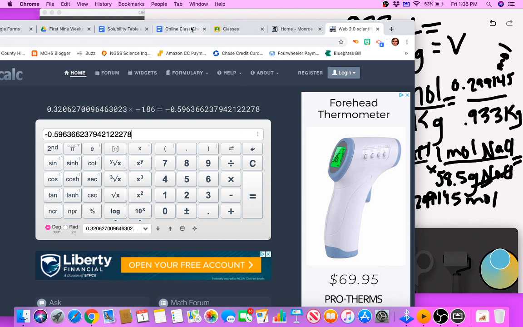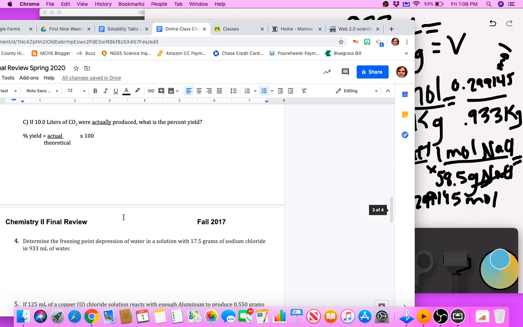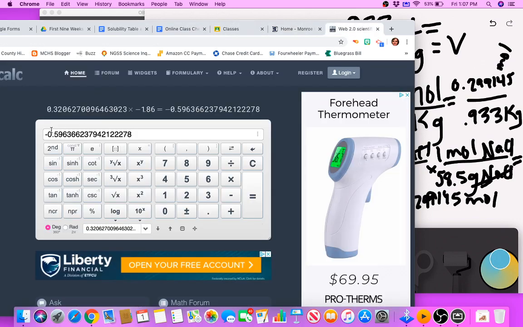So we're going to round to the correct number of significant digits. In our problem, there are 3 significant digits in 17.5 and 3 significant digits in 933. So then we're going to round this to 3 significant digits. So it would be negative 0.596 would be our 3 significant digits, and the 3 does not change that 6.